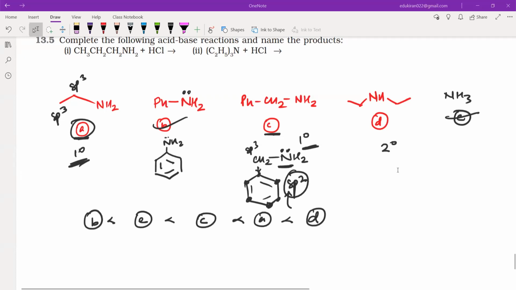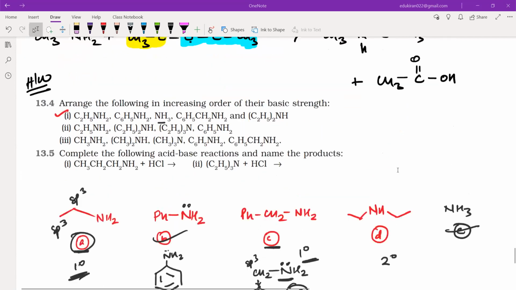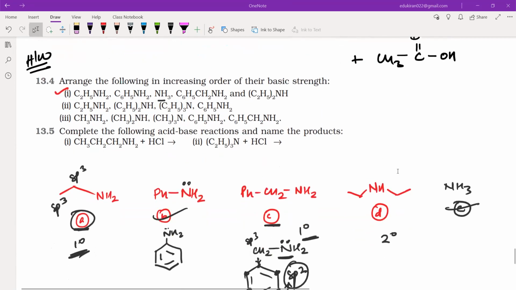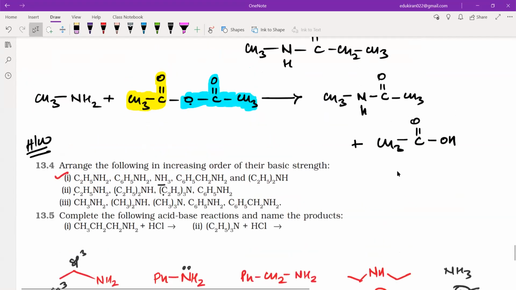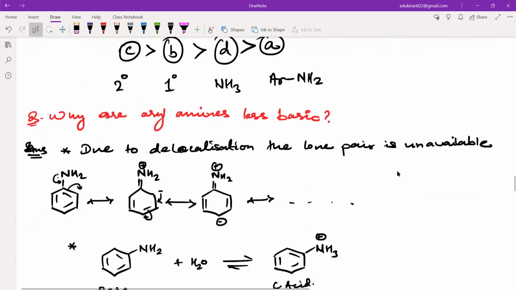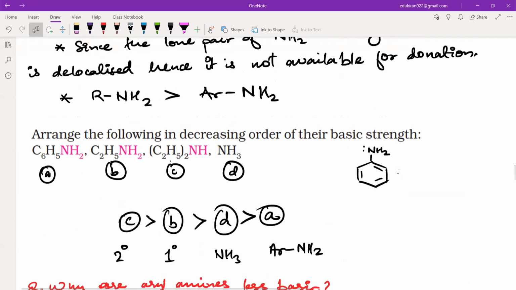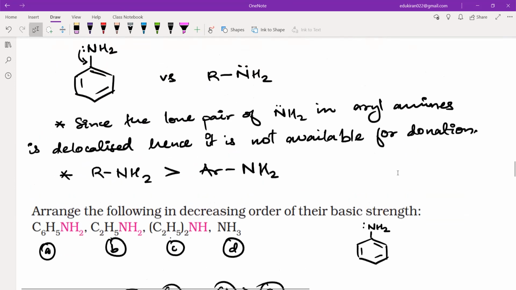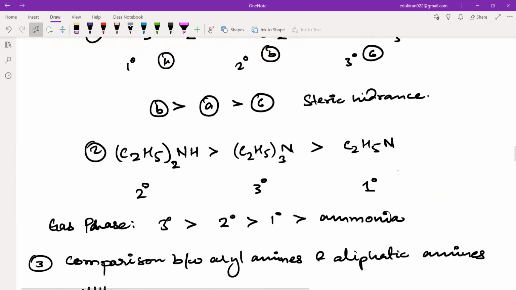So what is next? Next, we have discussed this already, I think: C2H5, C2H5, C2H5. So this is C2H5 1 degree, C2H5 2 degree, C2H5 3 degree, and then we have C6H5NH2. I think this is the question that we discussed.